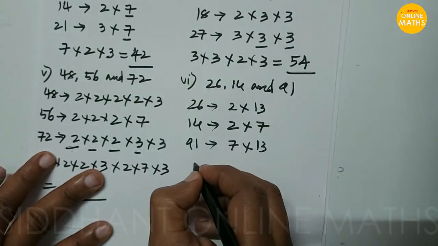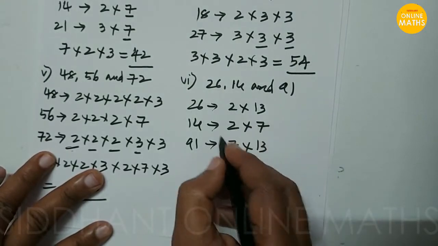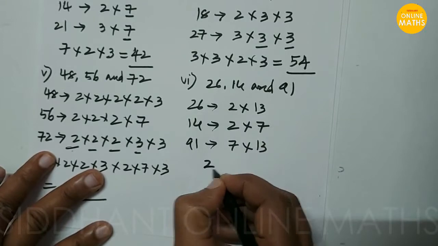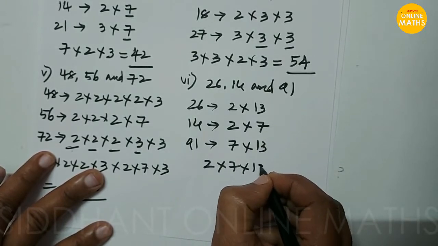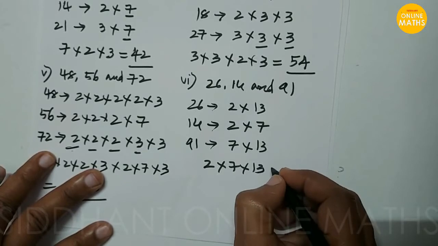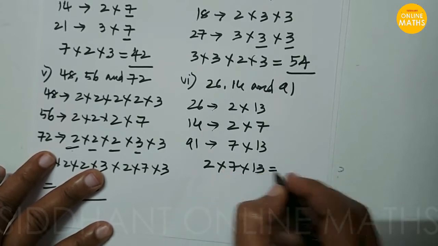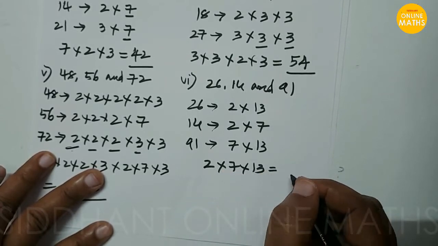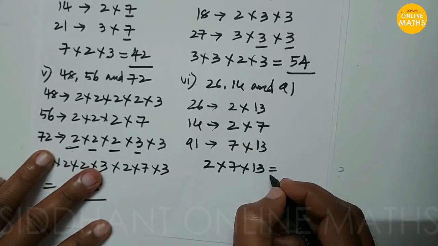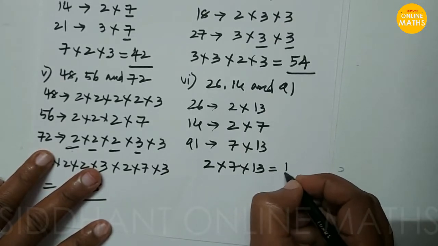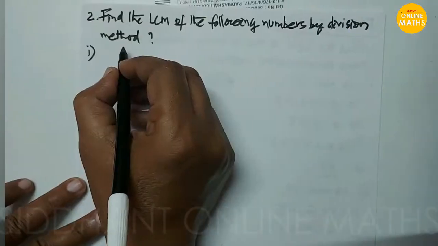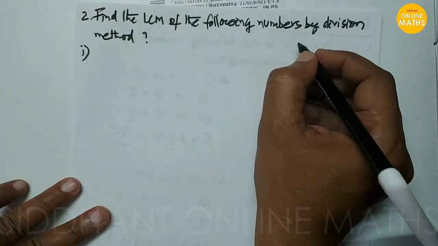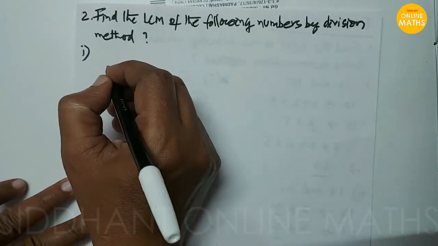And we see the common factors, that is one is 2, 7, and another is 13. And when you multiply 2 into 7 into 13, we get the answer 182.